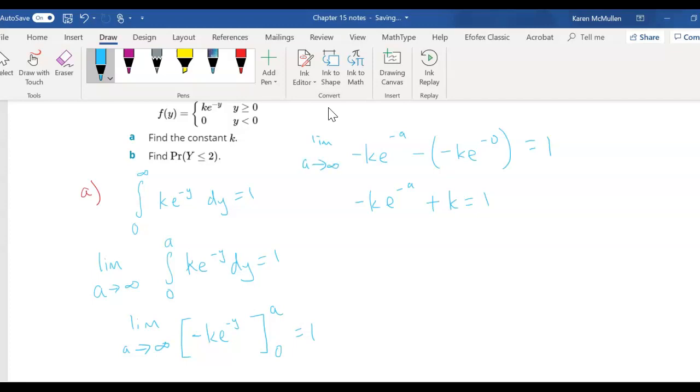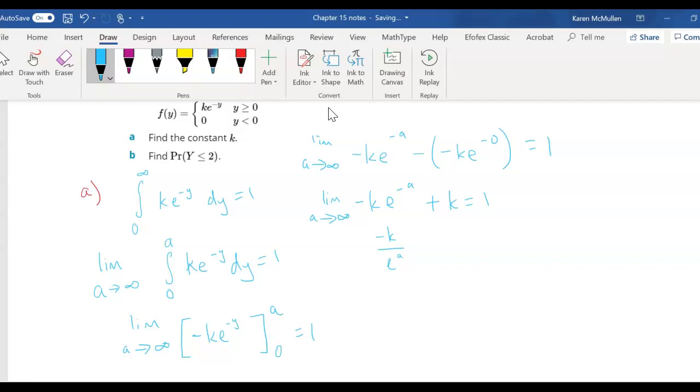Okay, and then now as a approaches infinity, if you wanted to think of this as negative k over e to the power of a, no matter what k is equal to, as a approaches infinity, as we saw in the video, it becomes really, really big.